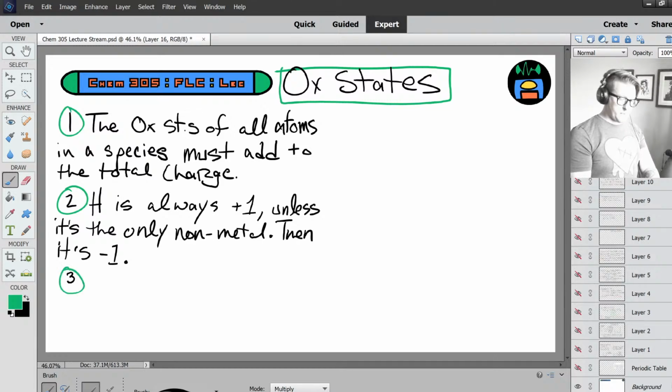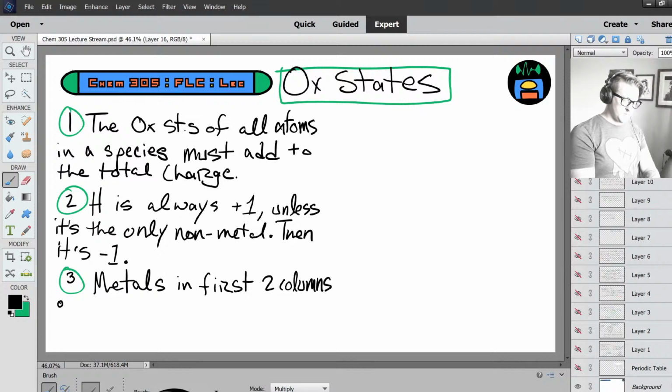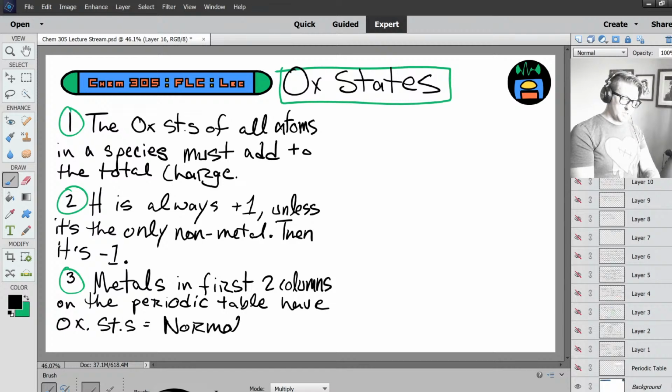All right, so rule number 3: metals in the first 2 columns on the periodic table have oxidation states equal to their normal ionic charge.